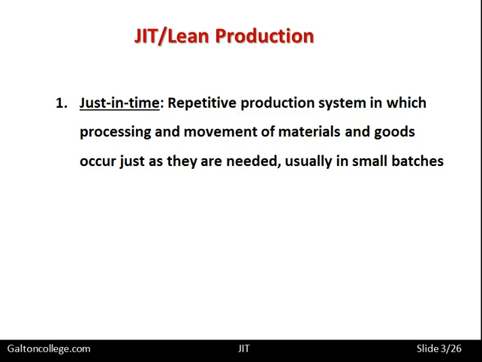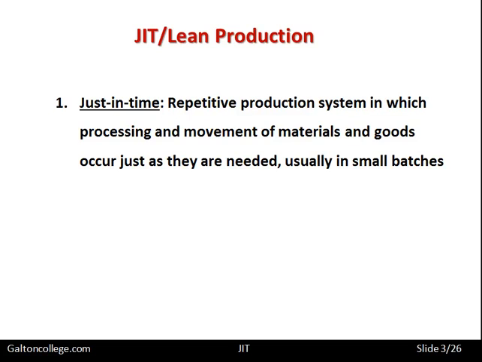So the items arrive, they go straight into production. They don't go into stores. That's a waste of effort. Putting them into the stores, leaving them to wait for some time, and then having to move them out of stores. That's wasteful. So instead, they arrive and they go straight into production.